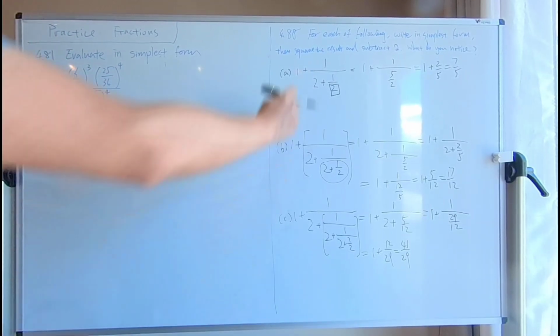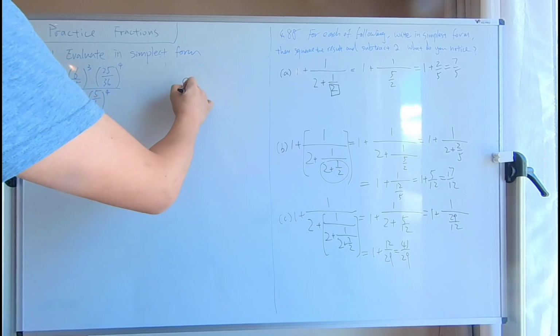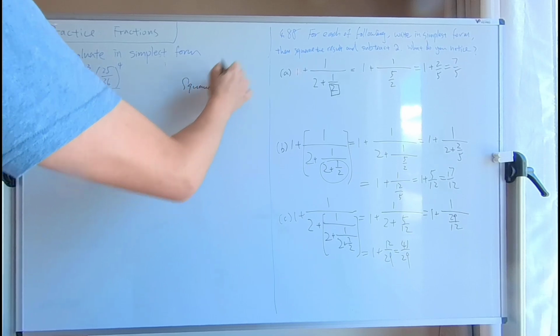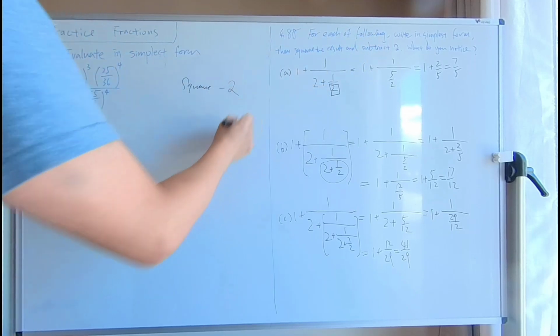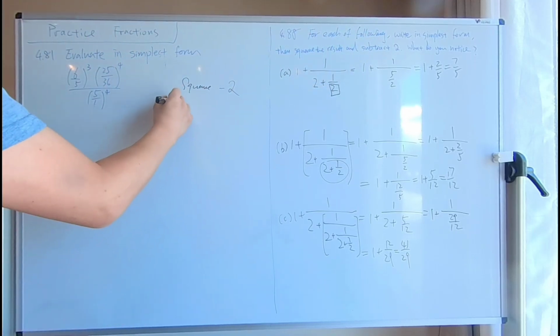Now let's check the square of the results, and then subtract 2. Okay, so let's see the first.